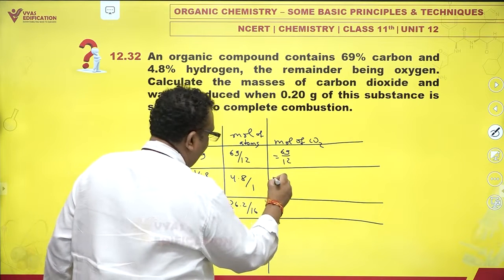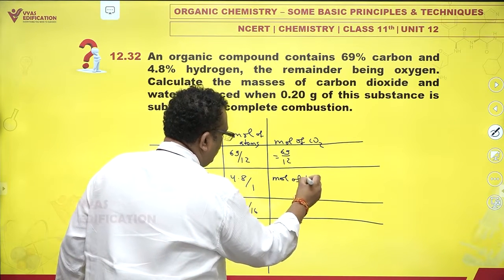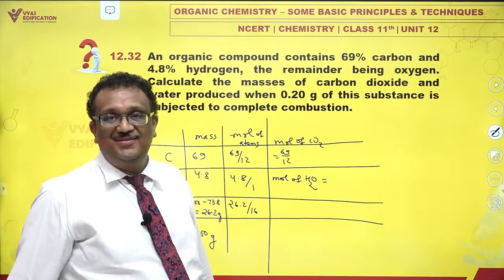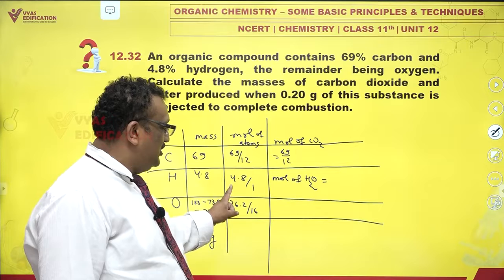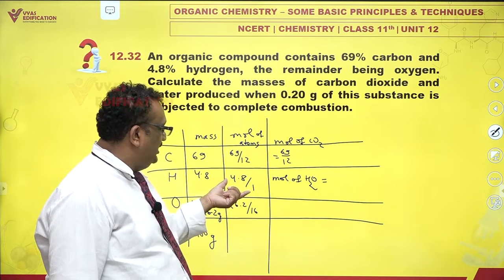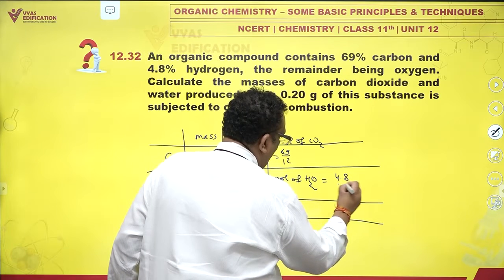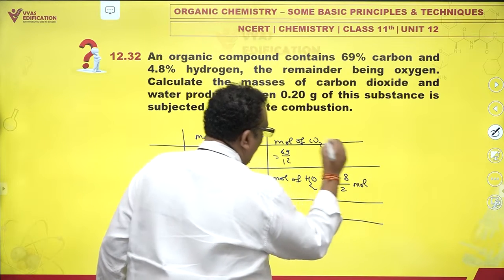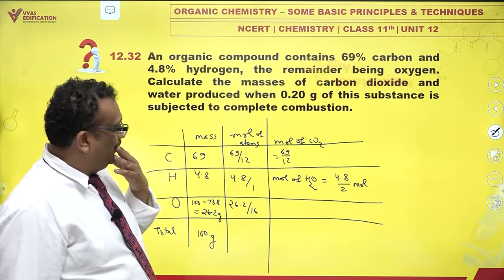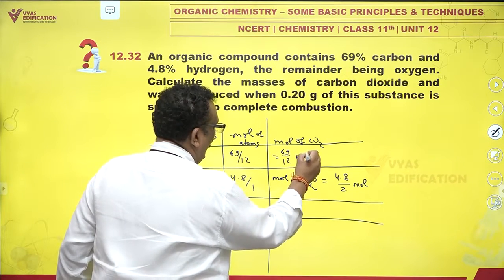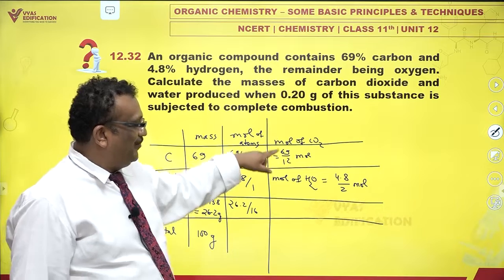And moles of H2O would have been, now H2O contains 2 hydrogens. So if you have 4.8 moles of hydrogen, you would get 4.8 upon 2 moles of water. So these many moles of water and these many moles of carbon dioxide.